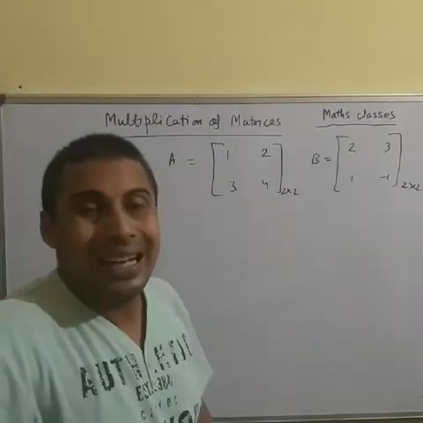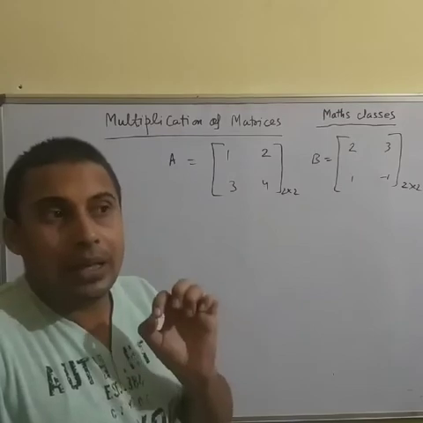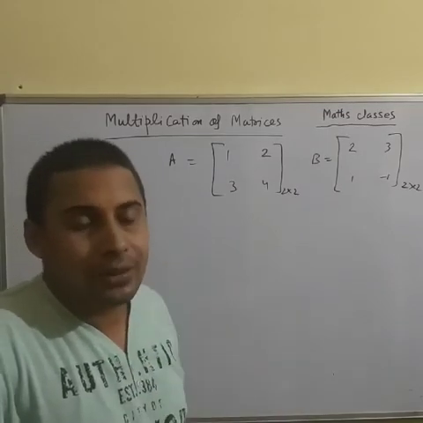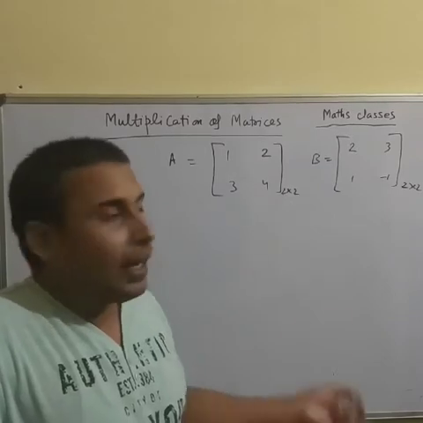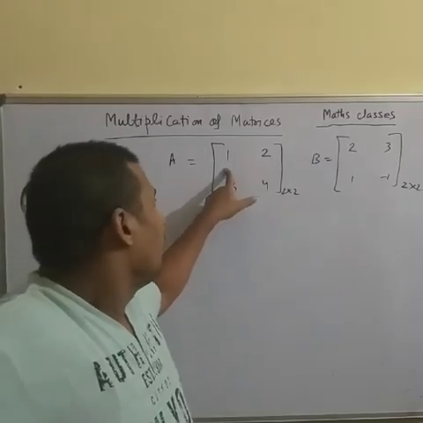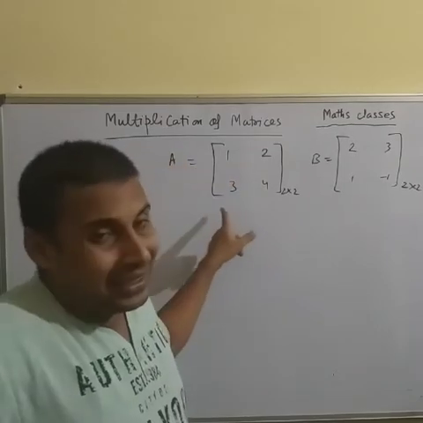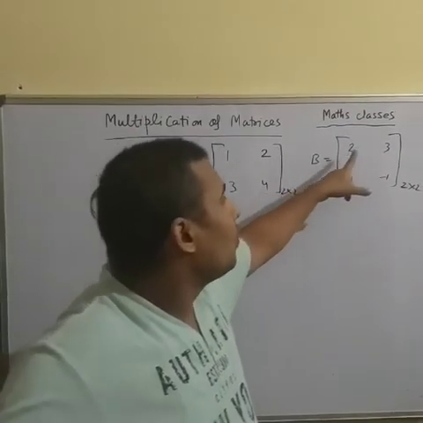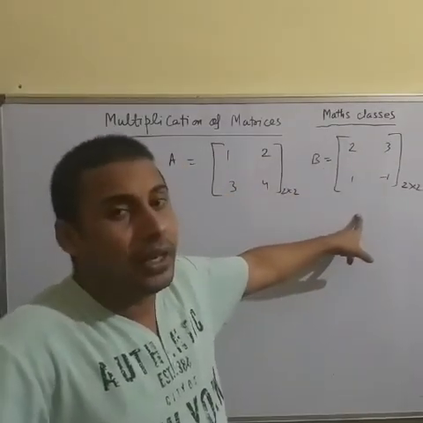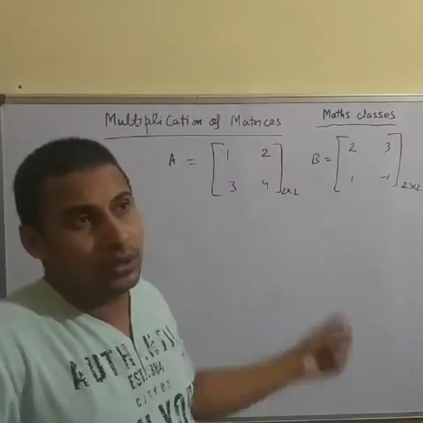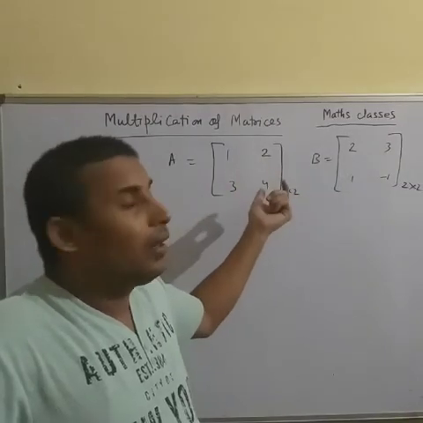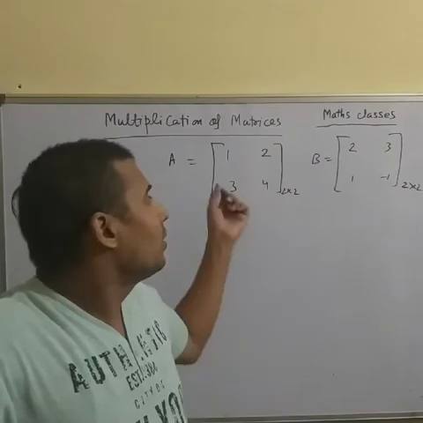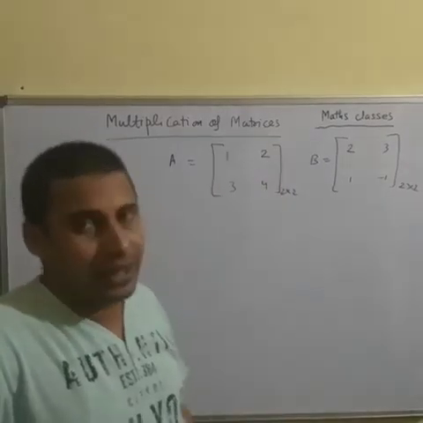Two matrices can be multiplied if one condition is satisfied: the number of columns of the first matrix must be equal to the number of rows of the second matrix.